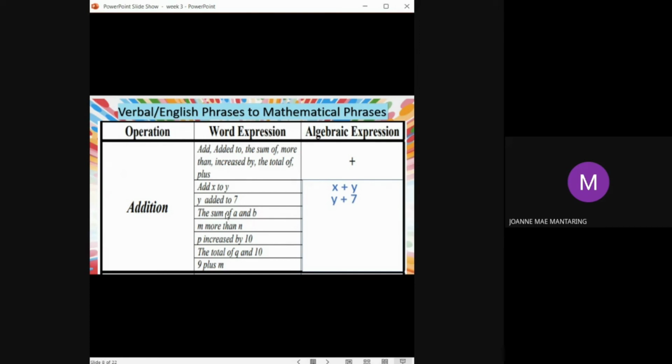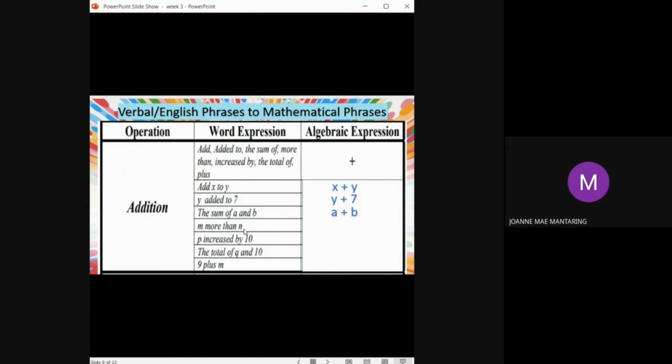The sum of a and b is equal to a plus b. Since we have the quantities a and b, and then the operation we have is addition because of the sum of.